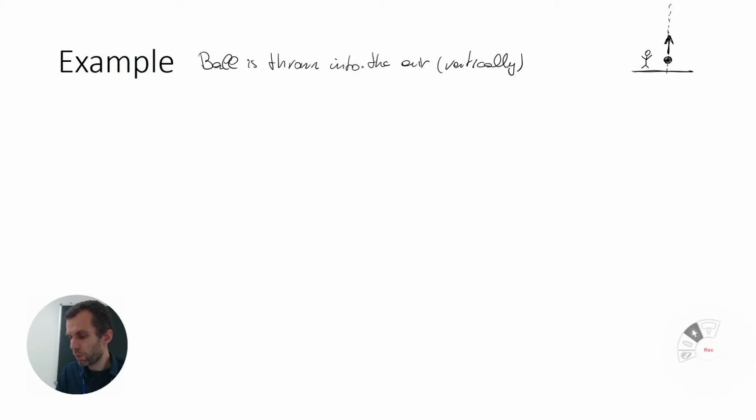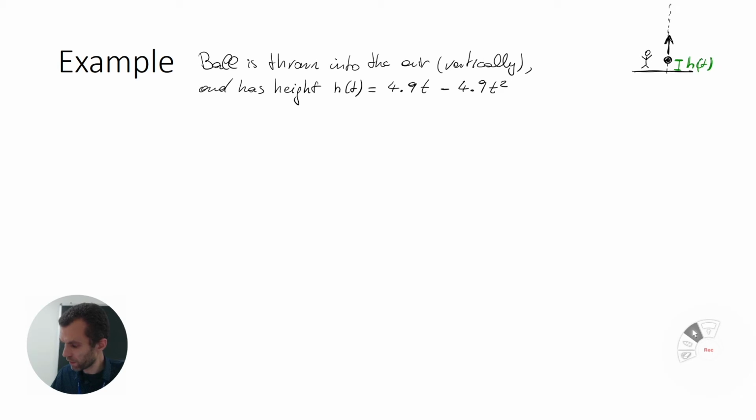And so what do we know about our ball that's thrown in the air? We know that it has a height h of t given by the following expression, 4.9 t minus 4.9 t squared. So we denote the height of the ball at any time by h of t.